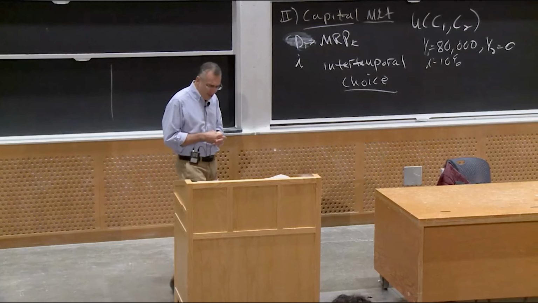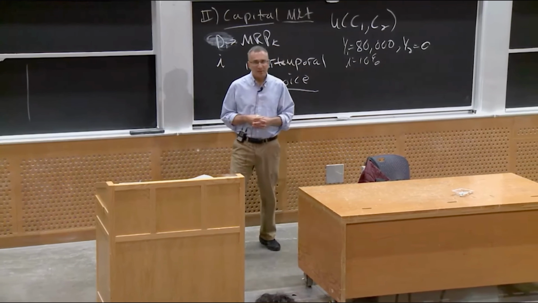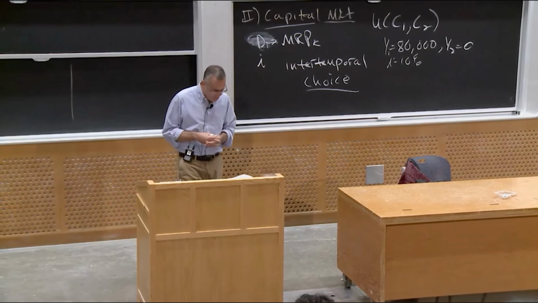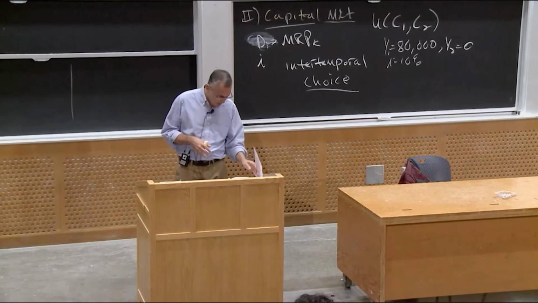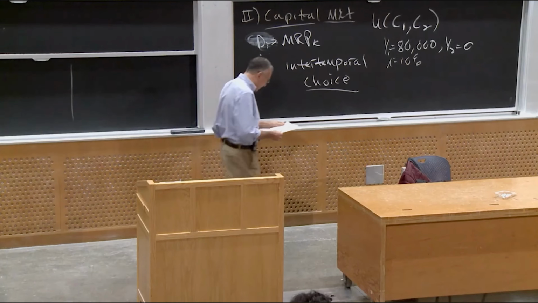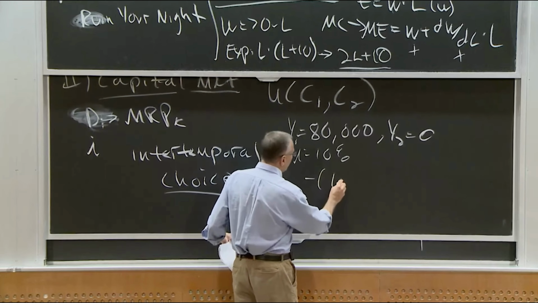Because I would save 80,000 at 10% interest. So what's the trade-off? The trade-off is the interest rate. Or in other words, what is the price of first period consumption? The price of first period consumption is minus 1 plus i.